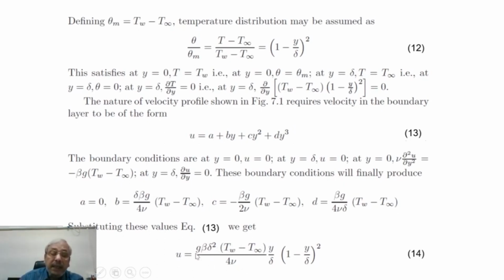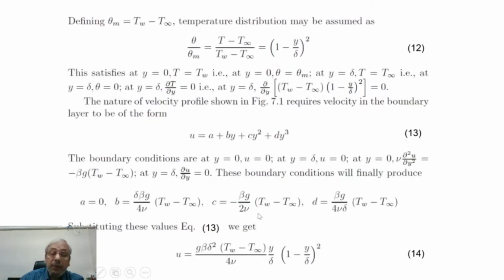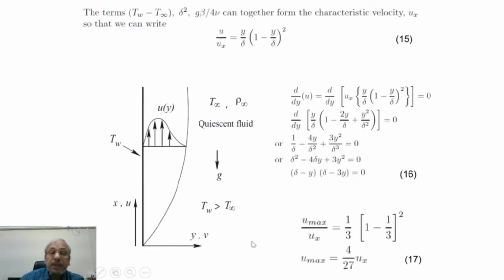And we will see that this entire quantity, including constants, will have the dimension of velocity. So we can write u by Ux, where Ux can also be called the characteristic velocity.